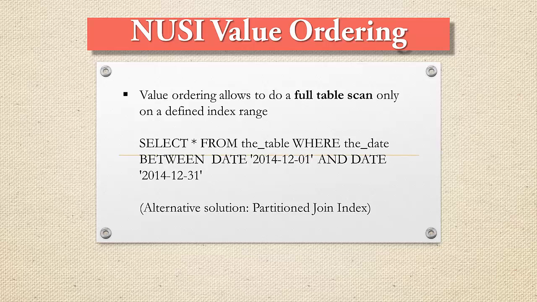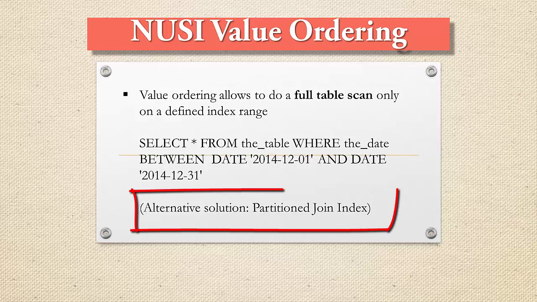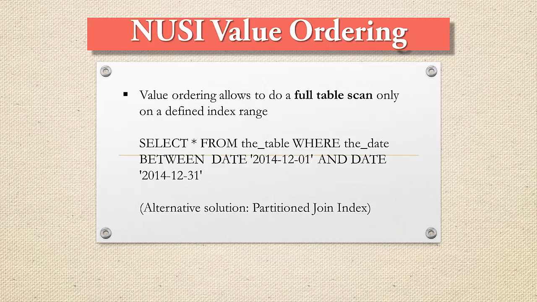Rather than partitioning the base table, you can as well outsource it to a join index over the table. Establishing value ordering alters the content of the master index and the cylinder index as well. Instead of the row hash values, the integer representations of the ordered column values are stored now. We can then locate the relevant blocks via, for example, the date values.